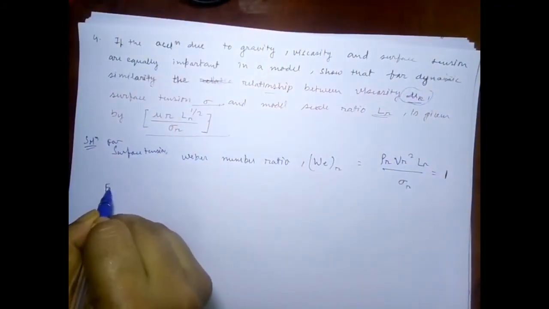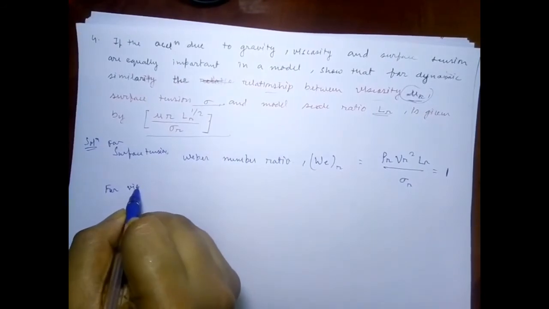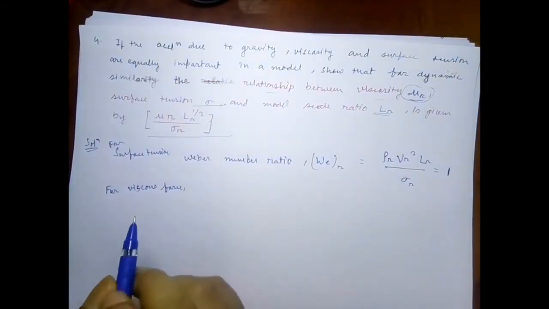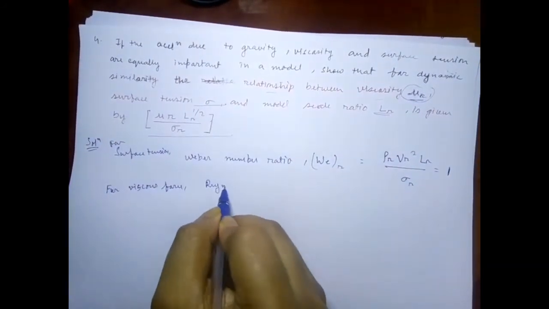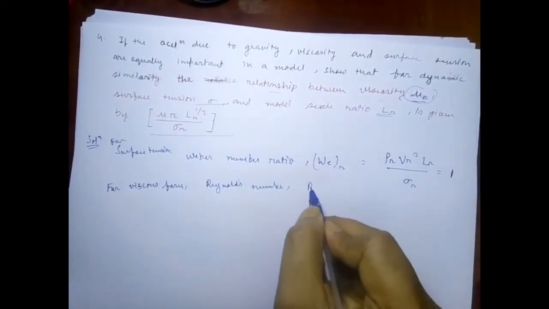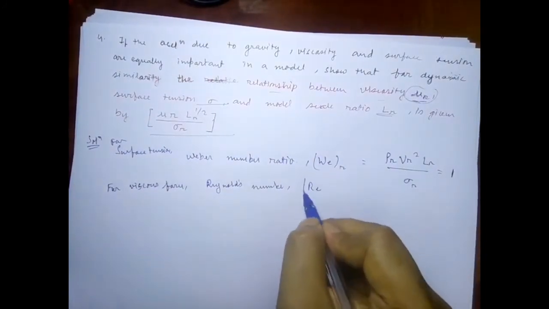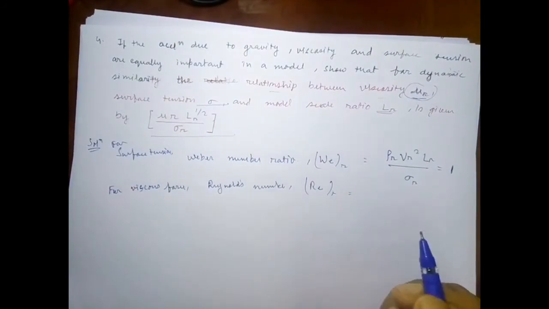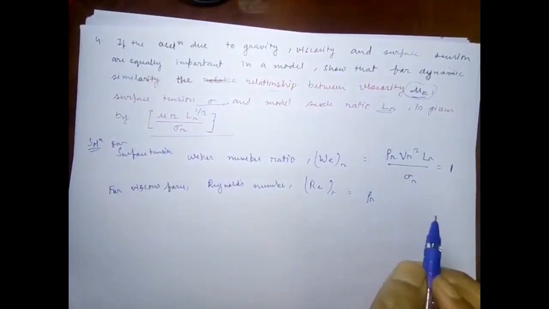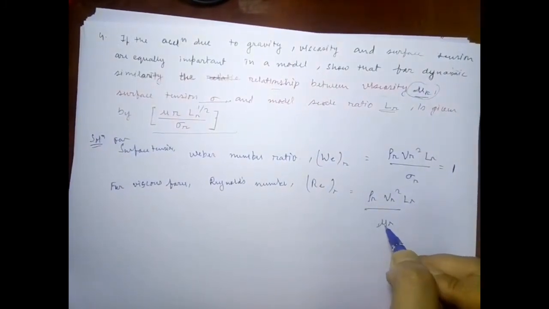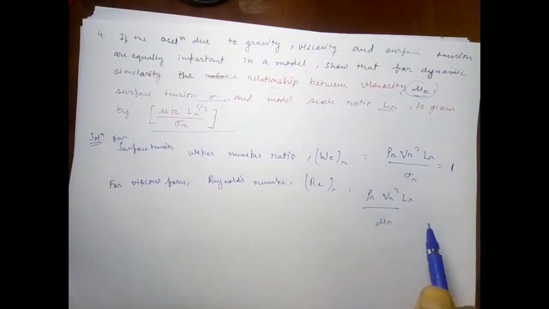Next, for viscous force, the Reynolds number, that is Re r, will be rho r Vr Lr upon mu r, because it is rho V D upon mu.